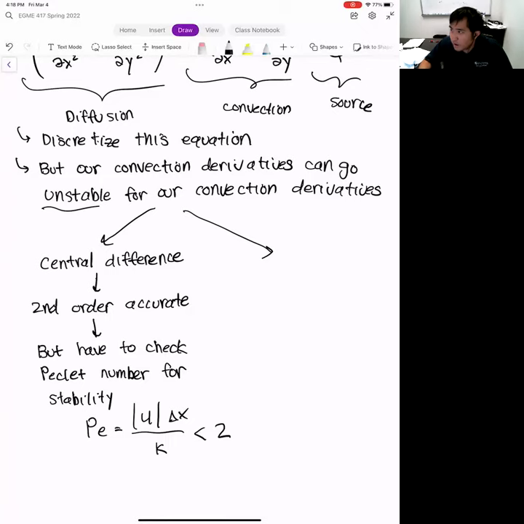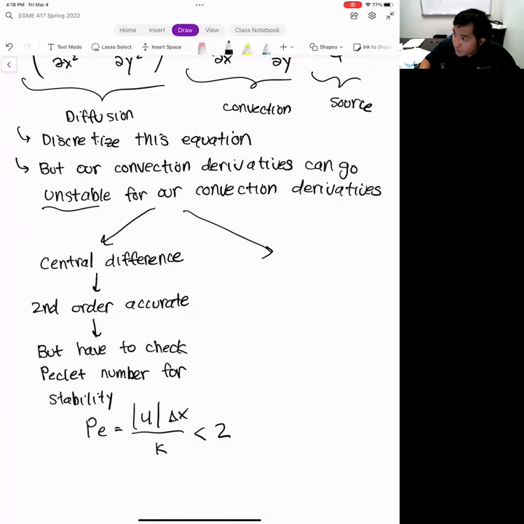Because in all honesty, most of the time, if you can have the grid spacing small enough, it's usually a pretty good idea to have a central differencing scheme, because the accuracy is just better, okay?